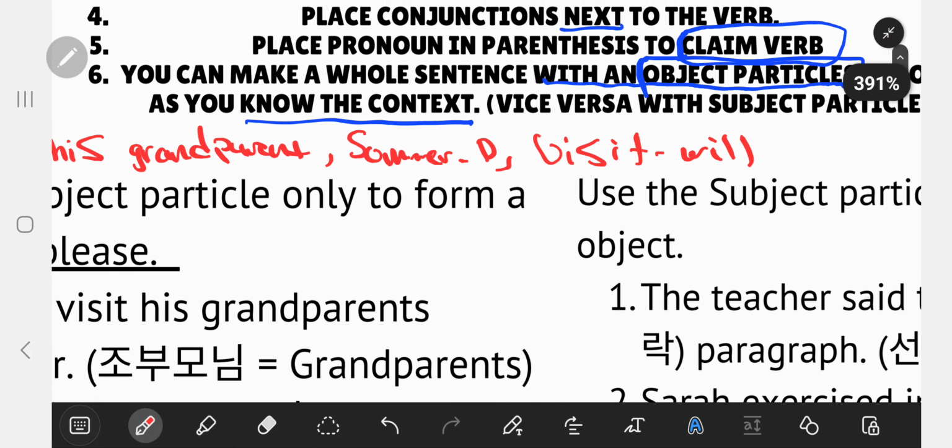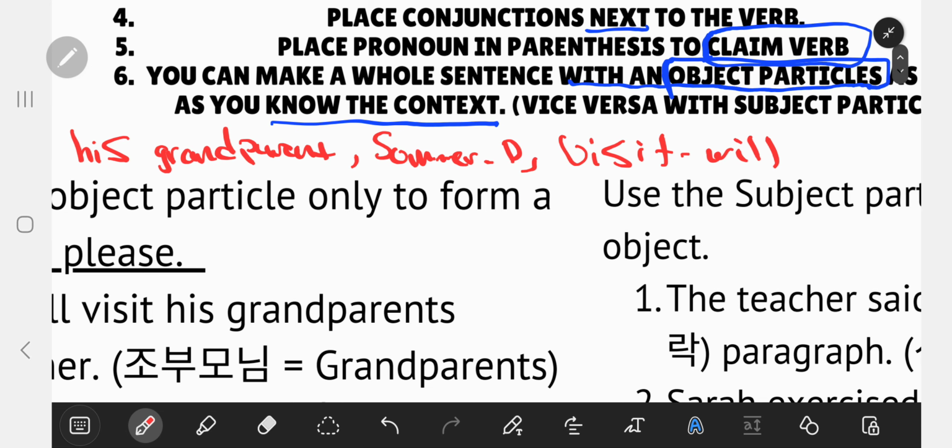Well, how do we know if it's not the grandparents who are doing the visiting, right? Because if I just say this, this may be the subject, right? And in normal cases, we may think, if we don't have any particle here, no particle, then his grandparents may be the subject, and maybe his grandparents are visiting John.